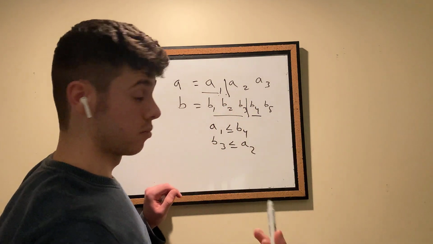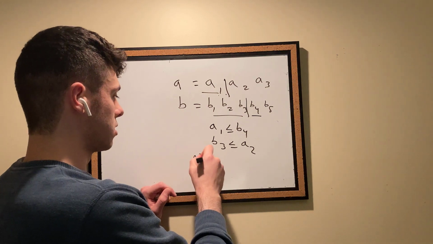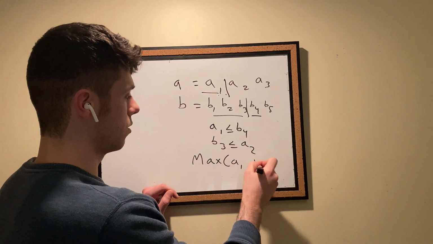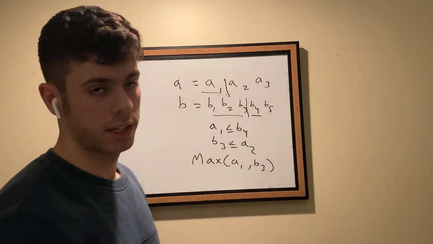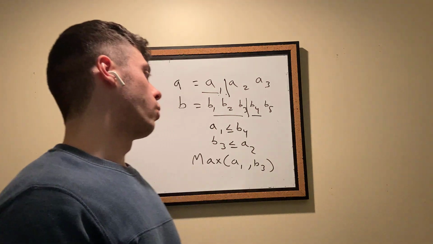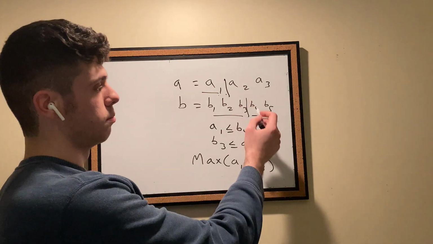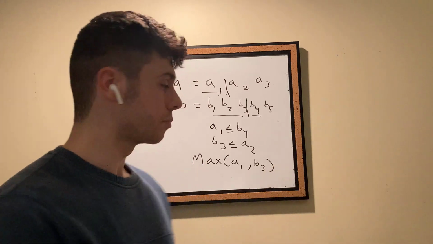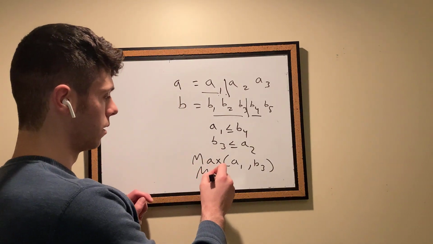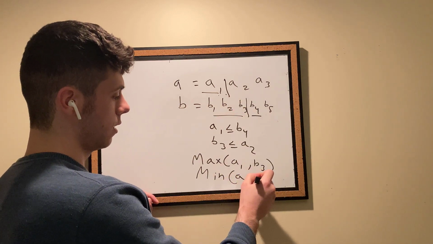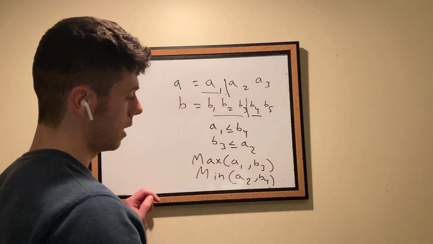You want to find the maximum, so you take the maximum of A1 and B3. It's closer to the middle if it's the maximum. And then you want to find the minimum of A2 and B4, because again, the minimum is going to be closer to the middle.